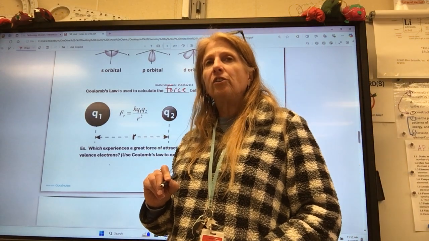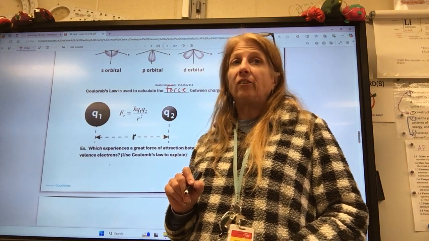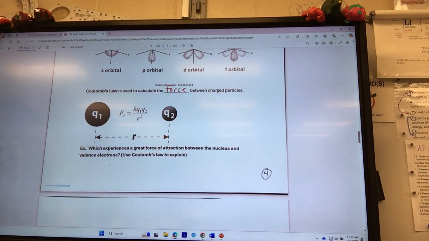Did you learn inverse and direct proportions in math class? Where y equals x: if y goes up, x goes up. If y goes down, x goes down. Or y equals 1 over x: if y goes up, x goes down, and if x goes up, y goes down. Opposite.